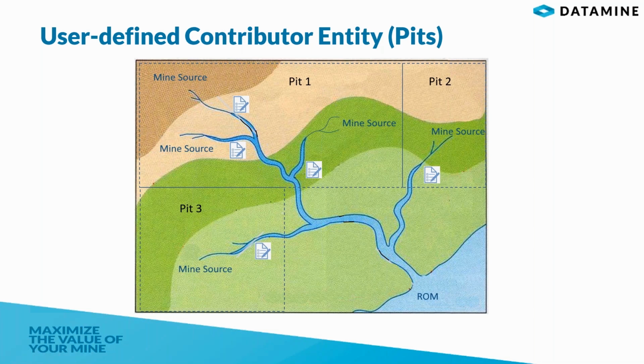Then you can use the contributors function to track the contributing ratios of our mining lists, our pits. The entities that we're tracking, in other words, our seam, our pit, mining lists, or even ownership, are the contributing entities that we were talking about earlier on.